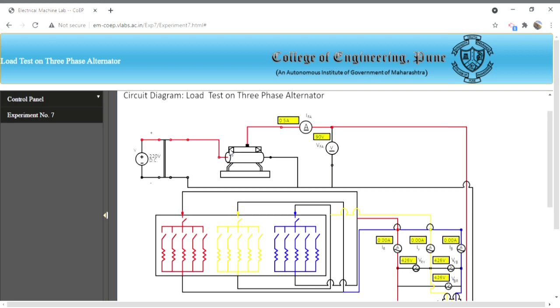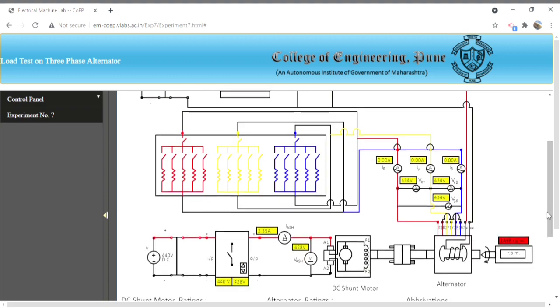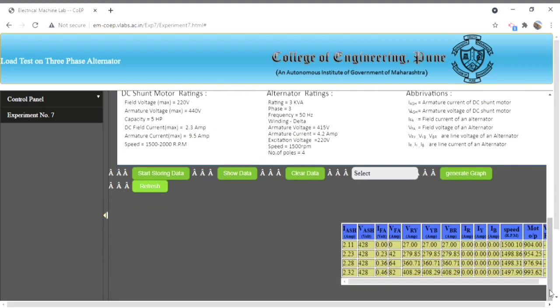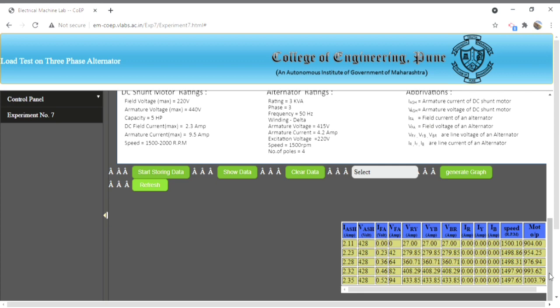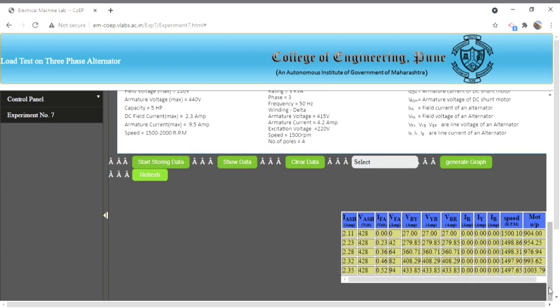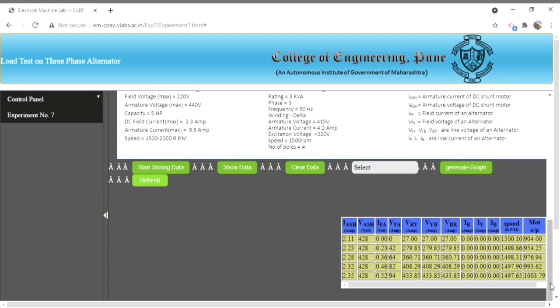I vary the rheostat up to 440 volts that displays in that voltmeter. So yes, finally I store all the data for the no load condition, and then I took the screenshot for my documentation purpose.